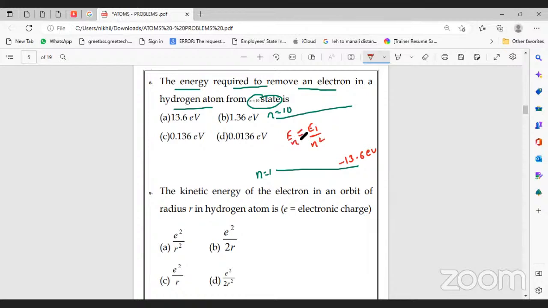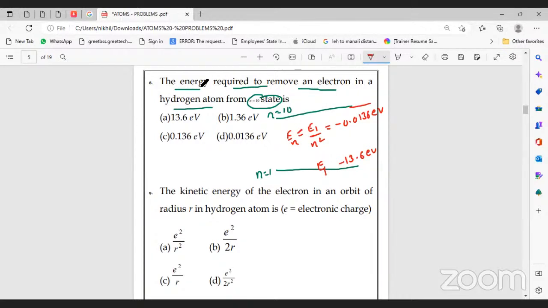Now, they are talking about the 10th orbit. For the 10th orbit, it is divided by 100. So 13.6 divided by 100 will be minus 0.0136 electron volt. This is the energy in the 10th orbit.